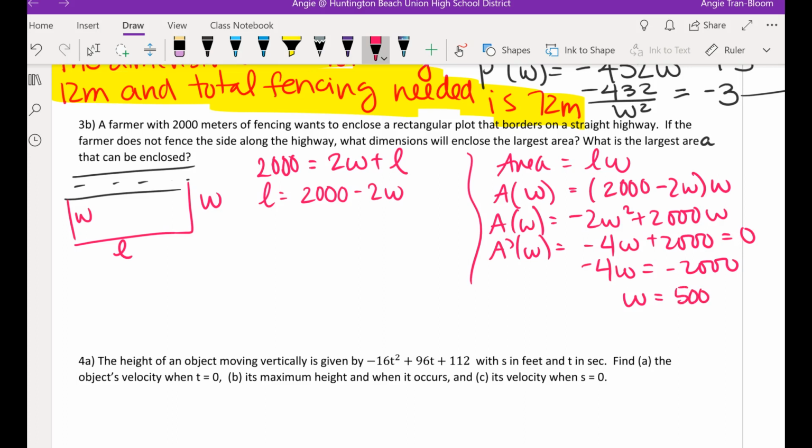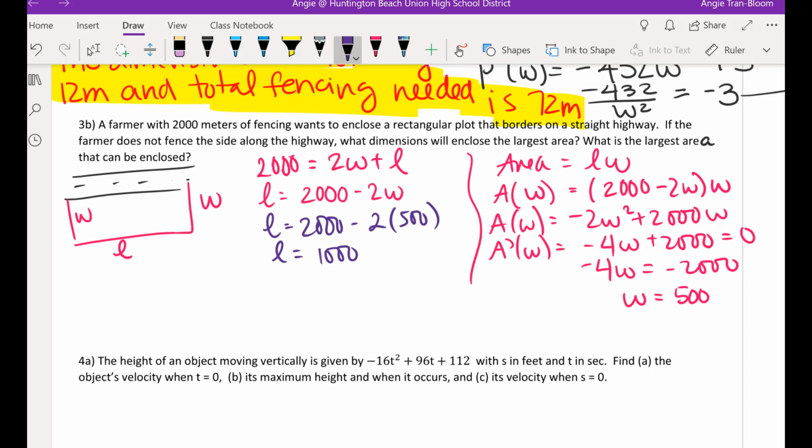Whew. If that were a negative number, then we really did something wrong. So now I have W, the width is going to be 500. I have to plug it back in to get my length. So length equals 2,000 minus 2 times 500. So this length is going to come out to be 1,000.